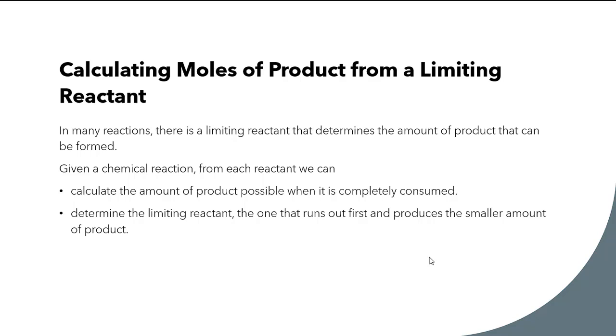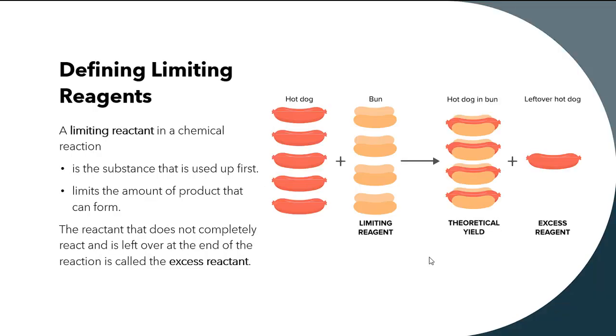So as chemists, this is how we determine our limiting reagent. We predict the product that can be formed from all of our reactants, and whichever reactant produces the least amount of product, that is what we consider our limiting reagent. For example, going back to our hot dog example, if the hot dog is our limiting reagent, then we should be able to make 1, 2, 3, 4, 5 hot dogs.